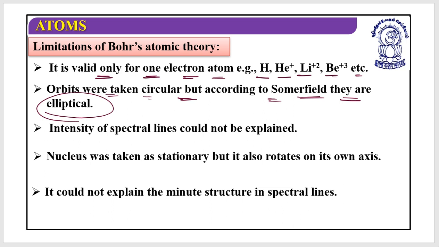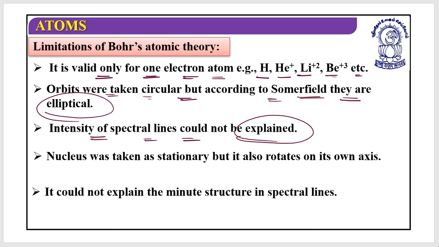We derived everything considering that all orbits are circular, but according to certain research, these orbits are not circular but elliptical. Next, intensity of the spectral lines could not be explained.